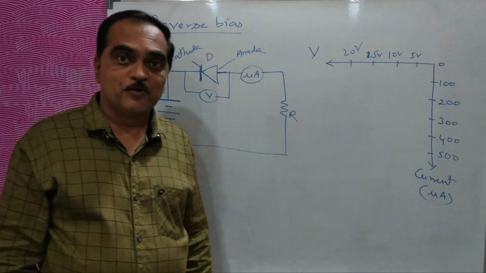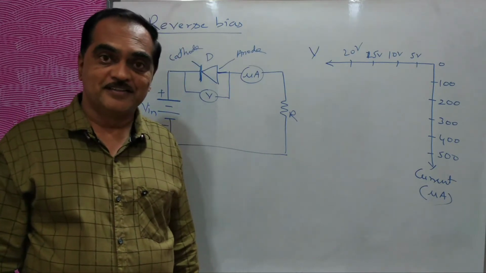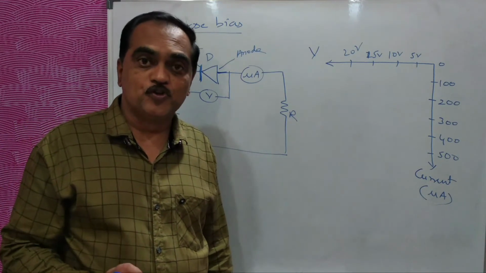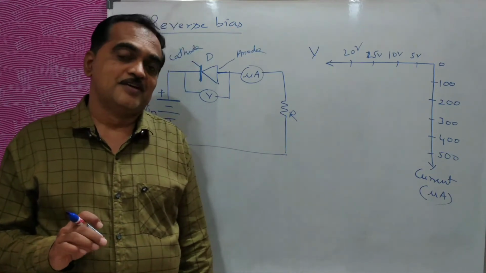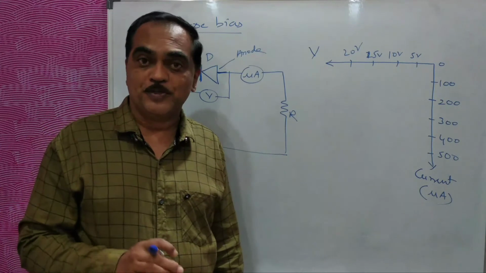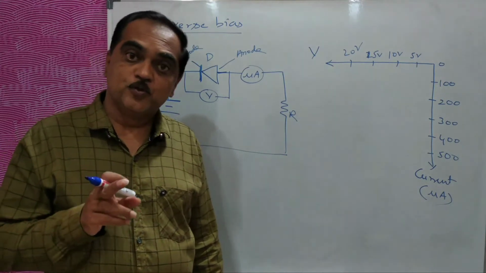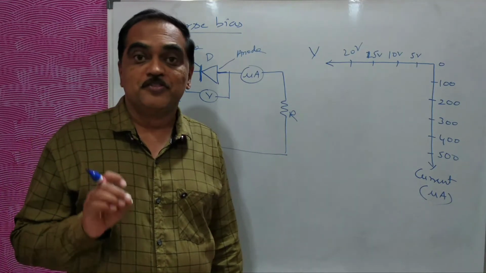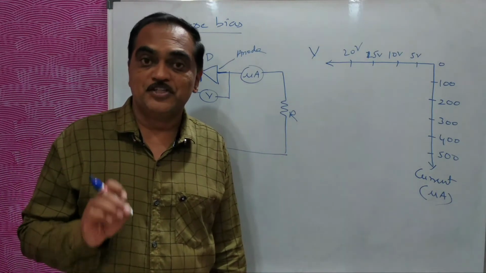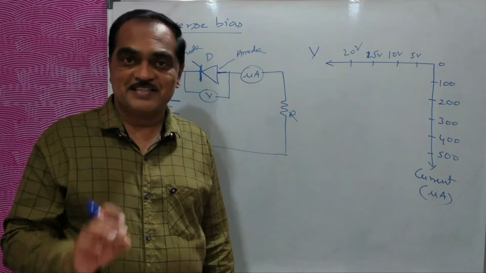Minority charge carriers are produced because of temperature. They are thermally generated carriers. They are not produced because of doping. Because of doping you get majority carriers, but minority carriers are produced because of thermal energy. They are thermally generated, but they will be less in number.